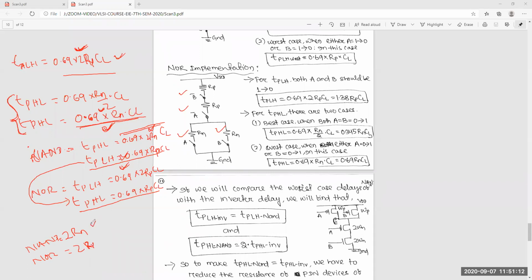So when you make it equal to the inverter, what will we do? We have to make 2 Rn to Rn and 2 Rp to Rp, because you want to equal the inverter delay. So what will we do in the size?